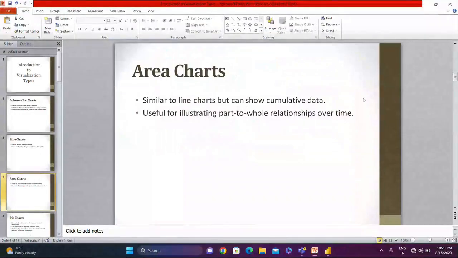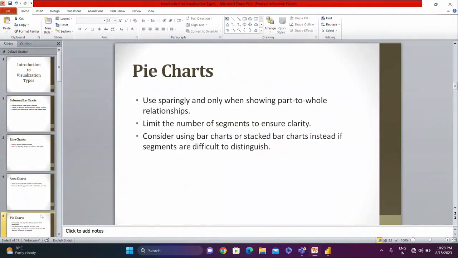Then next, let's come to the pie chart. When to use a pie chart? Use it sparingly and only when showing a part to whole relationship. Limit the number of segments to ensure clarity. Consider using bar charts or stacked bar charts instead if segments are difficult to distinguish.